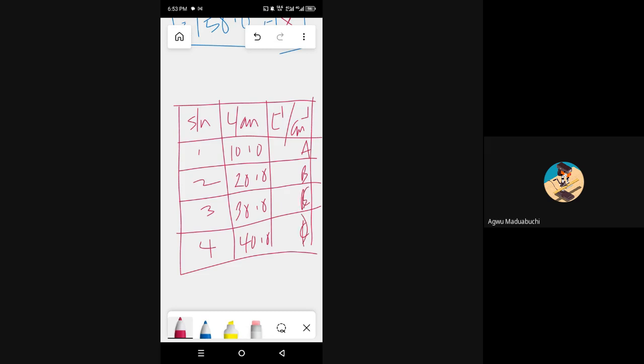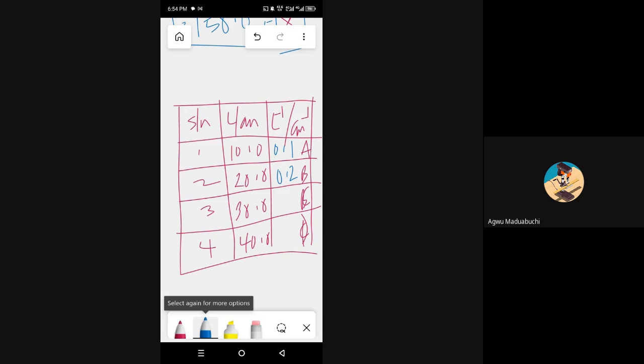So what will I put in column A? 0.1, 0.1, 0.1. Okay. Column B. 0.2.